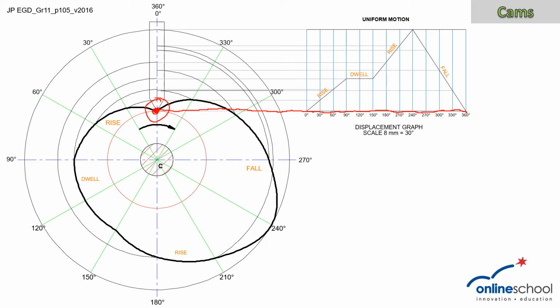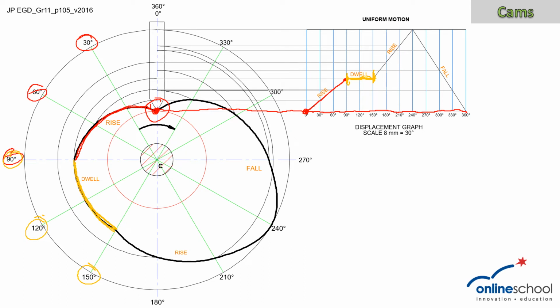Let's focus now on the graph of displacement. From 0 degrees to the first 90 degrees, we have a steady rise of the follower. On our construction of the cam disk profile, we see that 30, 60, 90 degree steady rise of the follower. Then from 90 degrees to 150 degrees, we see it's resting on the graph, and therefore from 90 to 150 degrees it's going to have its resting period or dwell.